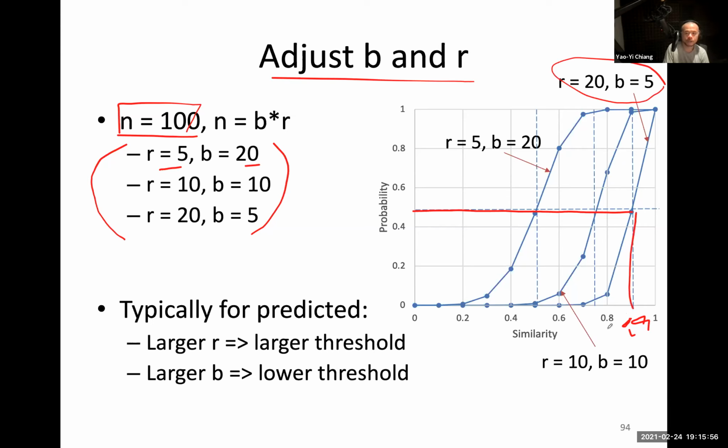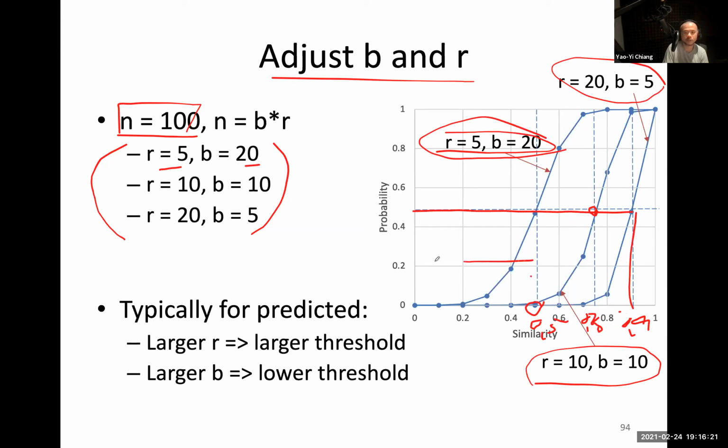If your application says, I only care about 0.75 maybe, then you can use R equal to 10, B equal to 20. If your application says 0.5 is what I want, then you use this line, R equal to 5, B equal to 20. It doesn't have to be exact because the midpoint tells you the probability of becoming a candidate would be low here, right? And would be high here.